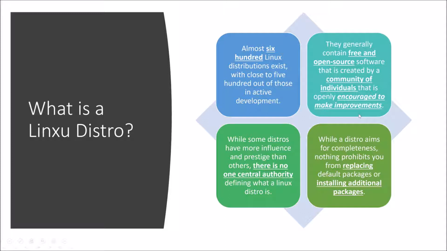So you will gladly take fixes from anybody. While some distributions have more influence and prestige than others, there's no one central authority. But one thing important to keep in mind, even though there's no one central authority, is that most people regard all Linux as more or less basically the same thing.